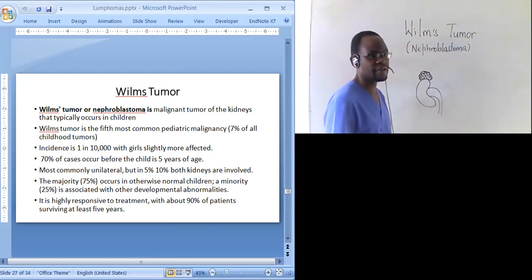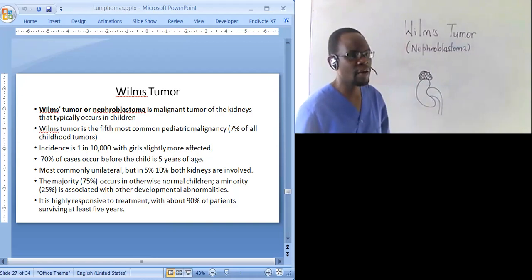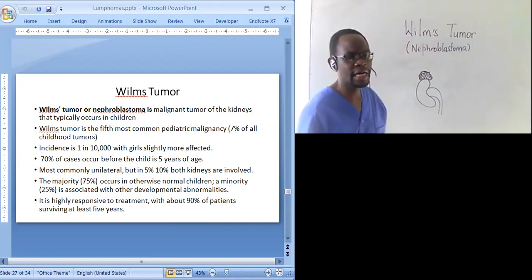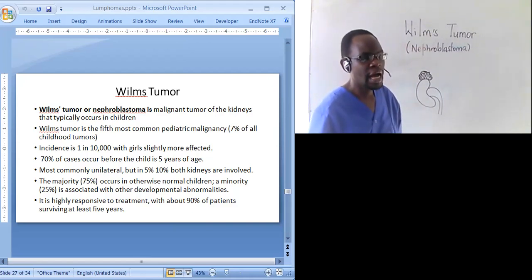It ranks fifth. It basically affects girls mostly, one in 10,000, and most of them are diagnosed before the age of 5.